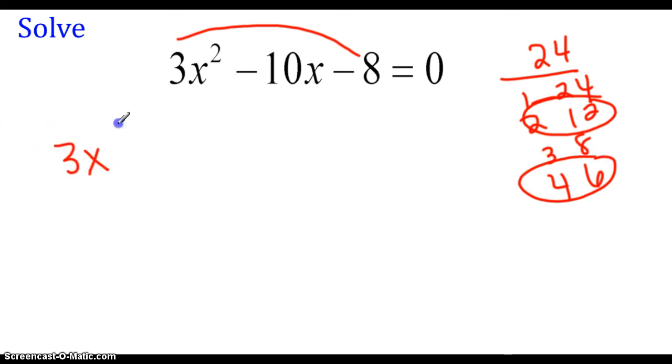So I'm going to get x squared. I need to get a negative 10, but I need to subtract them. My signs have to be plus minus. So it is going to have to be the 2 and 12.